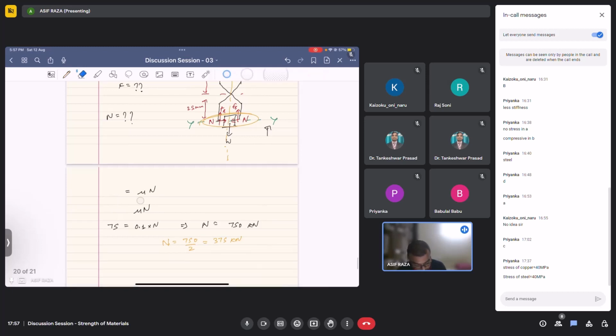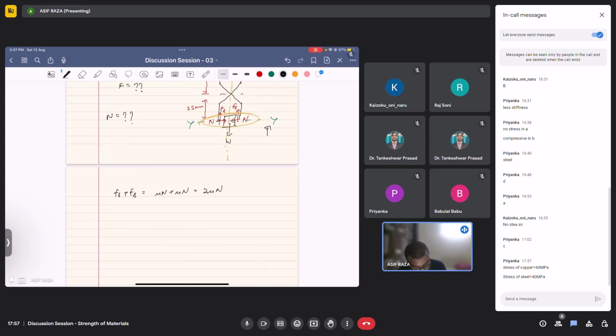Rather, I should write Fs plus Fs is equal to mu n plus mu n, that is 2 mu n.